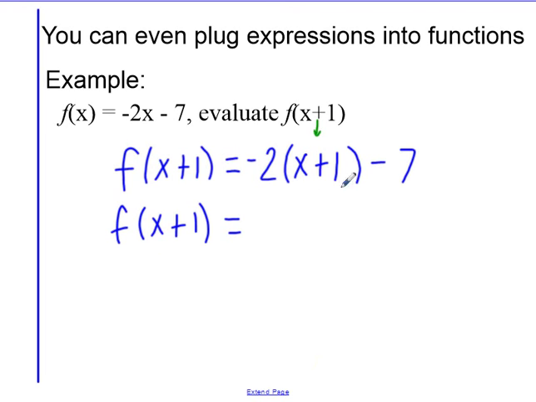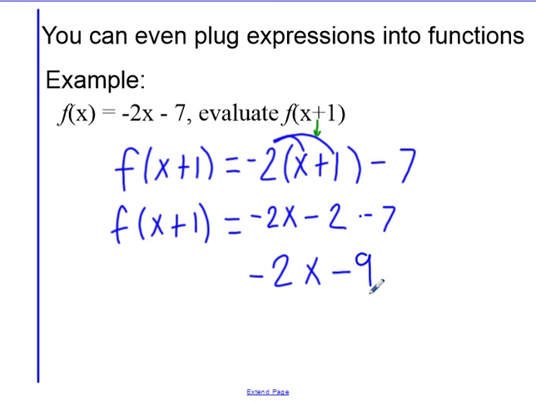Now we need to simplify this side. Actually work this out. Remember that when you have a number in front of parentheses, you have to distribute and multiply. So negative 2 times x is negative 2x. Negative 2 times 1 is negative 2. And we still have minus 7 over here. We combine negative 2 and negative 7, and we end up with negative 2x minus 9.